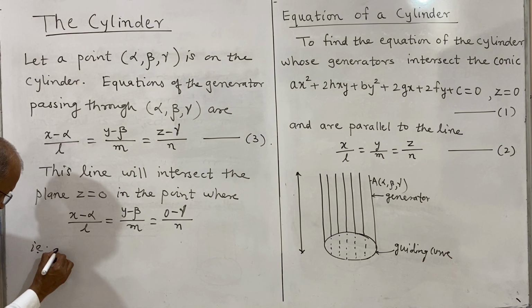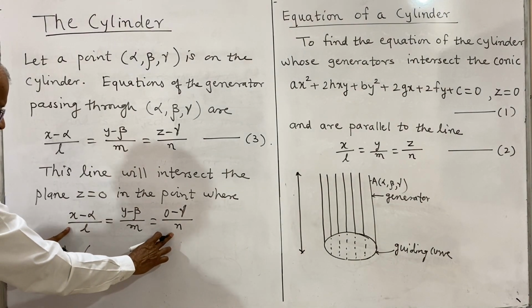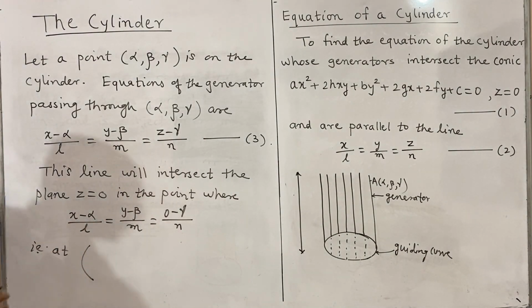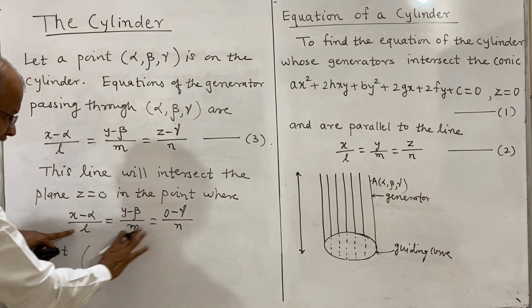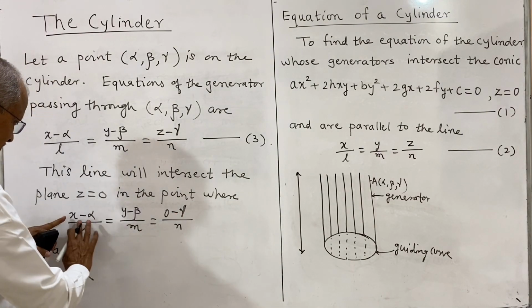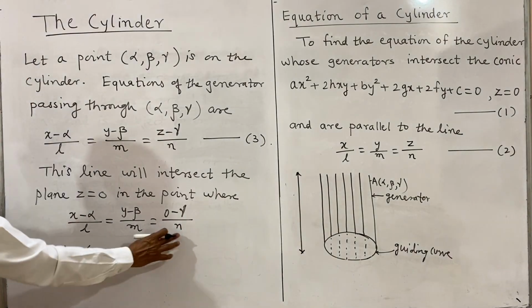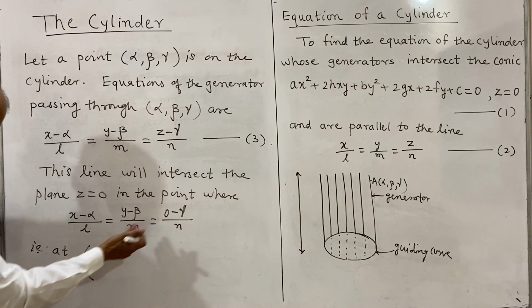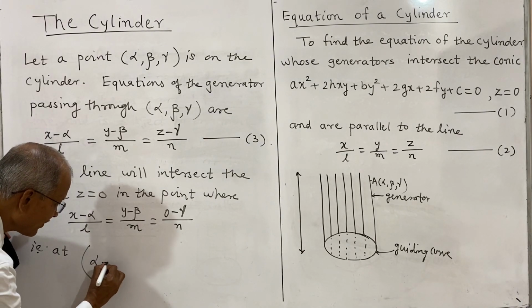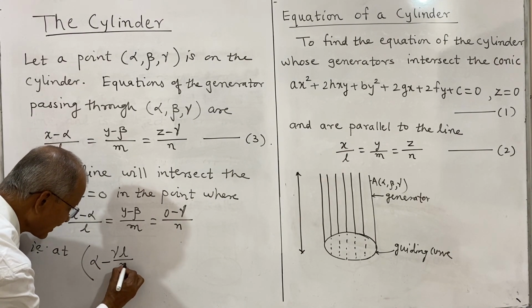Equate the first ratio to the last ratio and get the value of x. This l is transferred to this side, it is −γl/n. x − α = −γl/n, and transferring α to that side, x = α − γl/n.